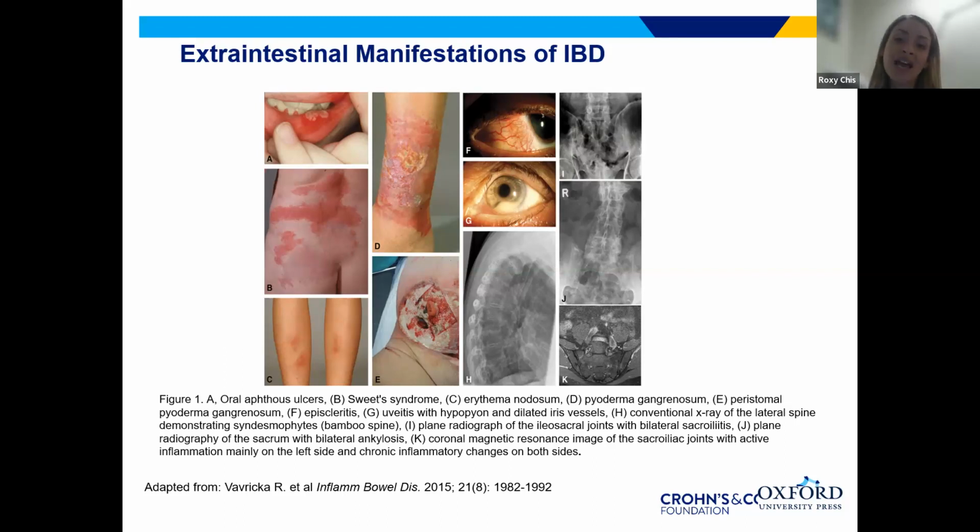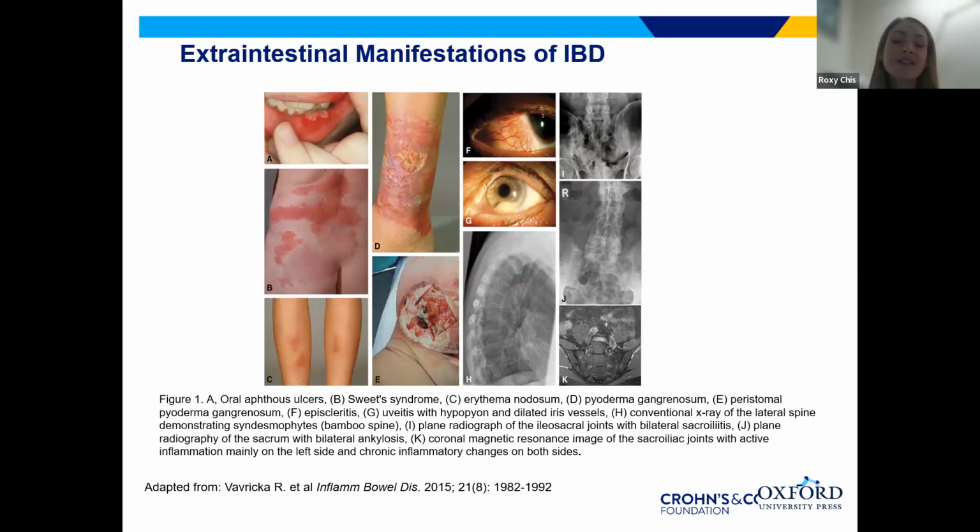One of them is on the leg, and then in picture E, you see that around a stoma site. So that's called pyoderma gangrenosum. It's this awful extraintestinal manifestation of Crohn's disease that's very difficult to treat. And again, it tends to mirror disease activity, but a lot of the times, patients who have extraintestinal manifestations will need our big guns, and so definitely need to see a gastroenterologist.